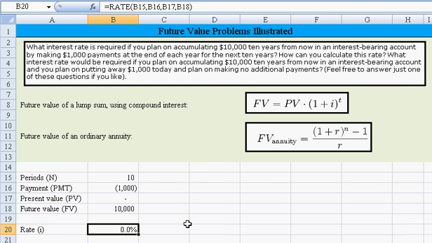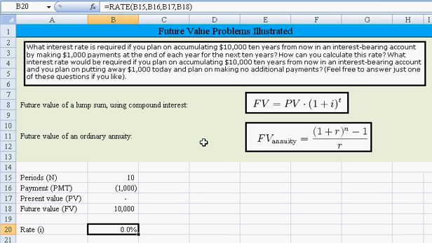Without resorting to higher mathematics involving logarithms, other ways you could solve this is simply trial and error, or you could use tables. You could use the annuity factor tables, and again, it's trial and error. You see where you get close to the $10,000 amount. But I prefer to use Excel, so that's all I'm going to illustrate for now.